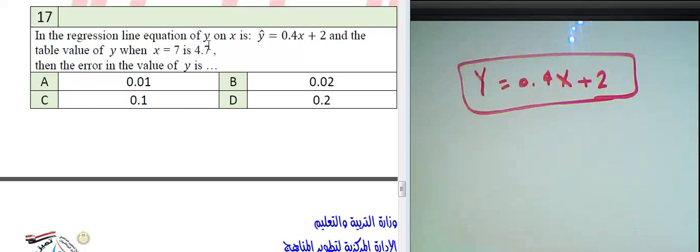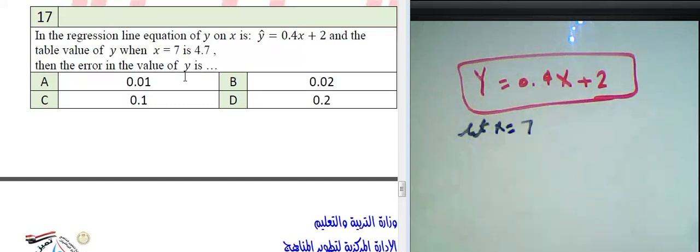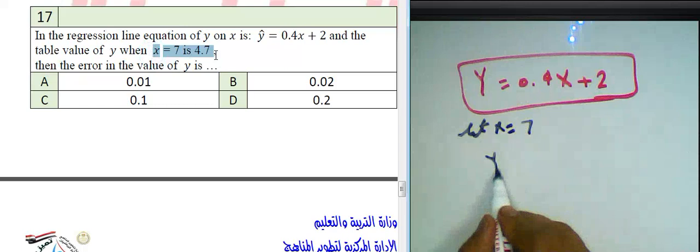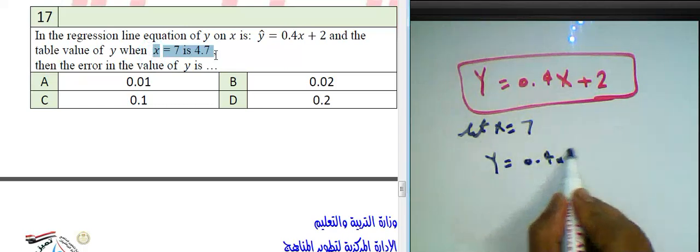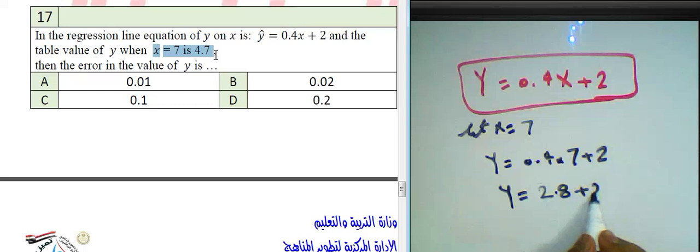We can find the error by letting x equal 7. He tells us x equals 7. Put x equals 7, then y equals 0.4 multiplied by 7 plus 2. 0.4 times 7 equals 2.8 plus 2, then y equals 4.8.